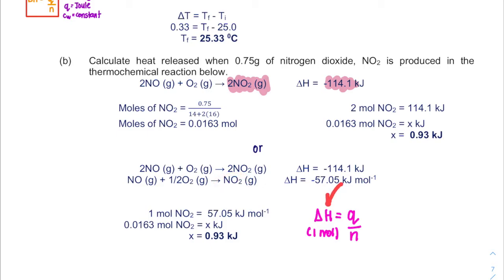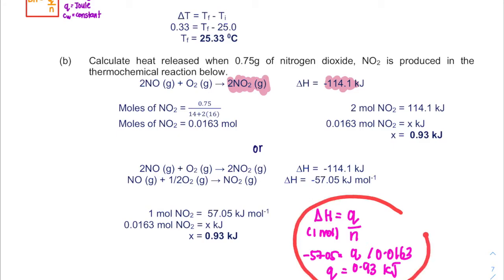So yang ini boleh masukkan sini. N kita ni, we get 0.0163 mole. Maksudnya dekat sini, it will be negative 57.05 divided by Q, equal to Q divided by 0.0163. Q, you will get, berapa tadi? 0.93 kilojoule. Okay, again, this is the cross multiplication.